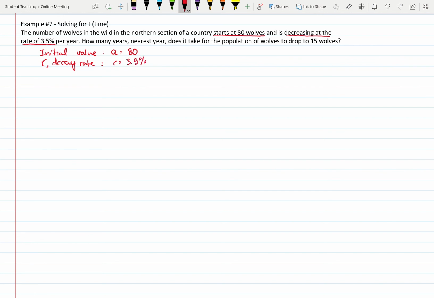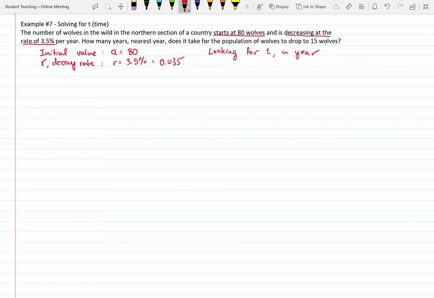Converting that into decimal form, remember, always use decimal form when using the function. That becomes 0.035. Now, it asks us how many years. We're looking for time, and the unit is year.